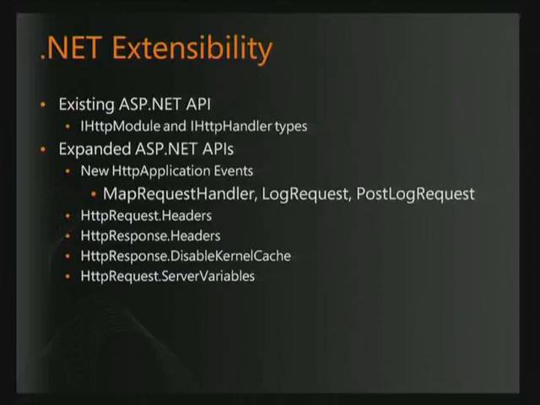But the interesting thing is that as part of becoming a first-class citizen, ASP.NET gets new functionality, things you couldn't do before. An example of this is server variables. Server variables have been an API in ASP.NET that allows you to read those variables that the server has set. But you could never, ever set them, right? It was only a read-only collection. You could read the values, and that's it.